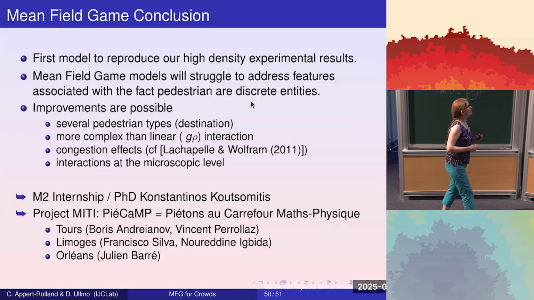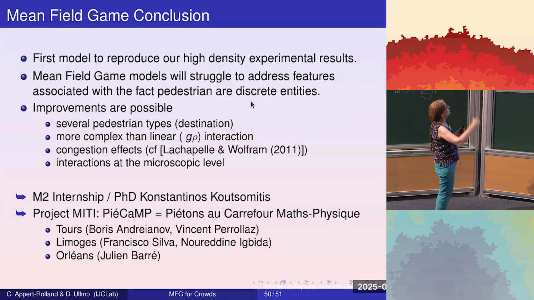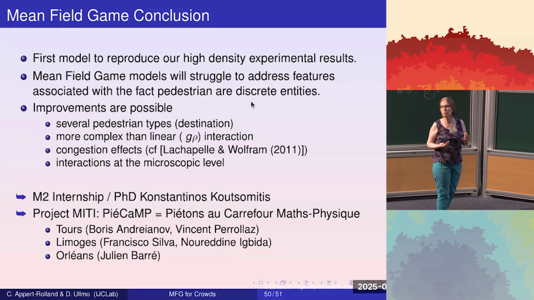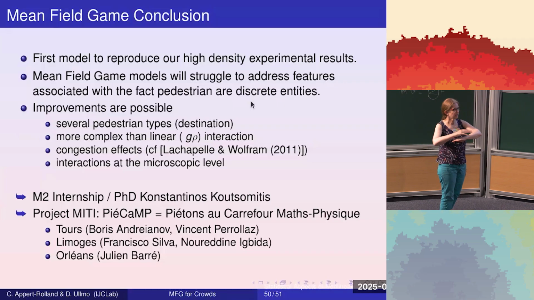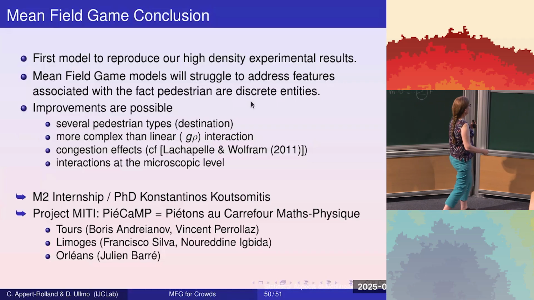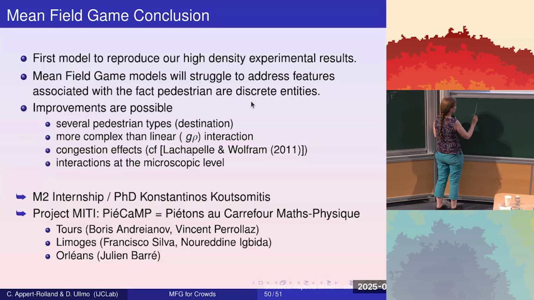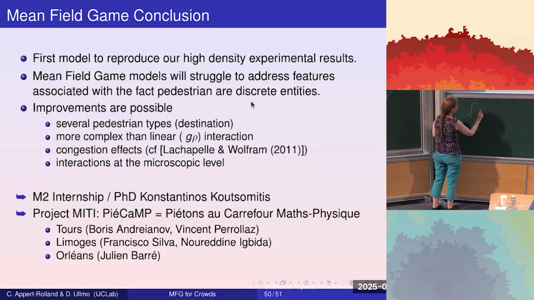For the improvements, maybe I can mention first that we could easily put several pedestrian types. Some people did models with this, not compared to experiments but from the numerical point of view, with lane formation and this kind of thing. In the cost, I had this term.